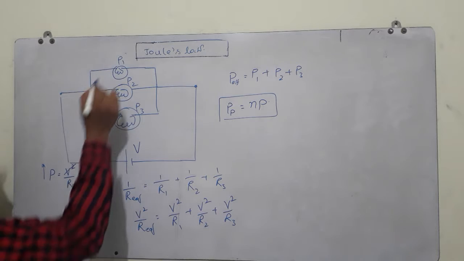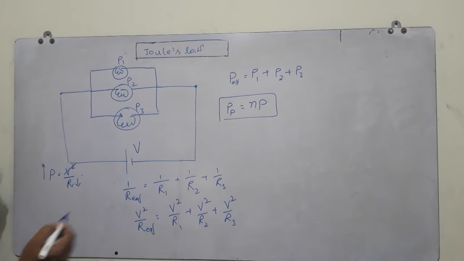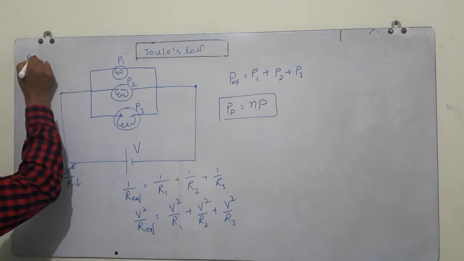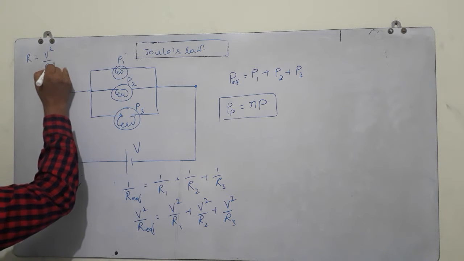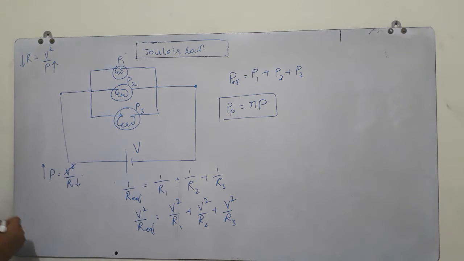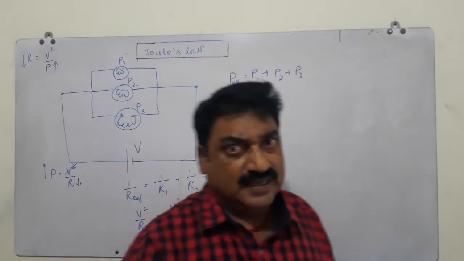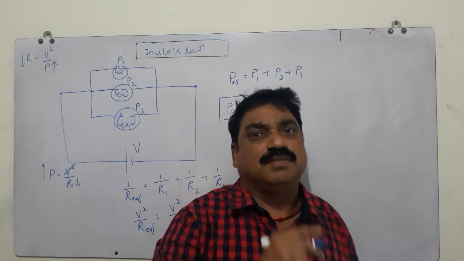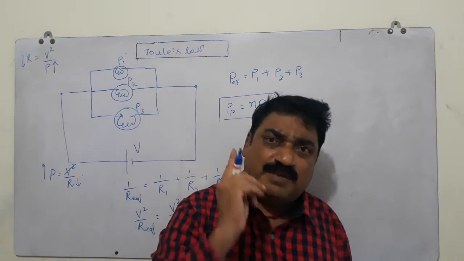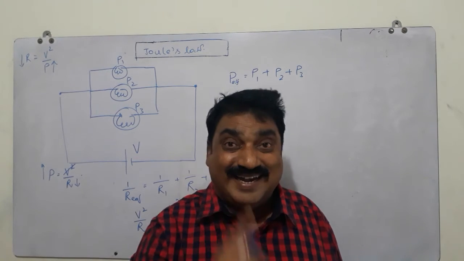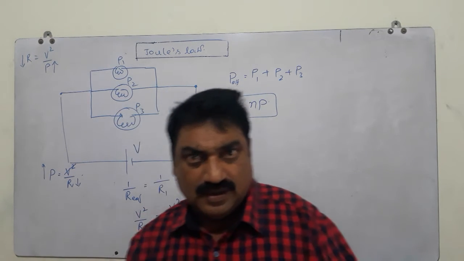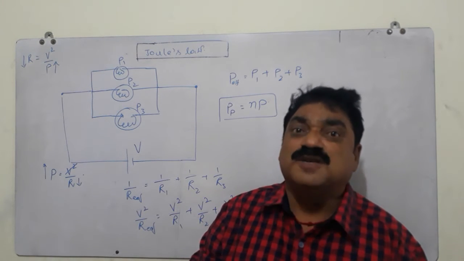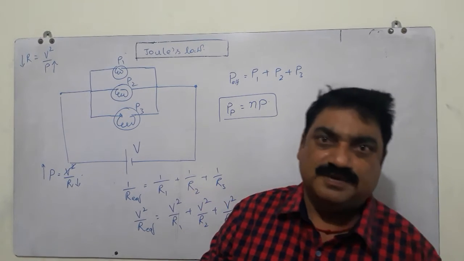We have already known that resistance R equals V square by P. If power is more, resistance is less. If the resistance of the bulb is less, then it is a high wattage bulb. If the resistance of the bulb is more, then it is a low wattage bulb. So in parallel combination, high wattage bulb glows brighter than low wattage bulb.